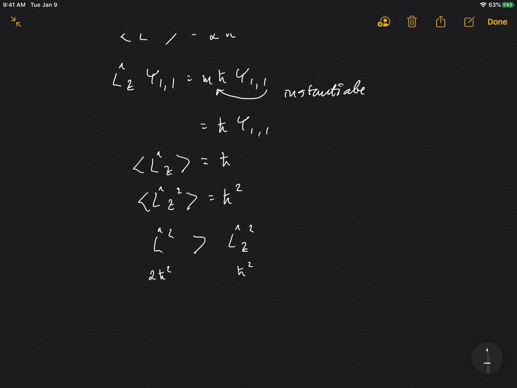So this tells us something about the direction of rotation in this system, in that we have some rotation in the xy plane, giving us some angular momentum oriented along the z-axis, but not all of the angular momentum is due to rotation in the xy plane. There's always got to be some extra angular momentum.